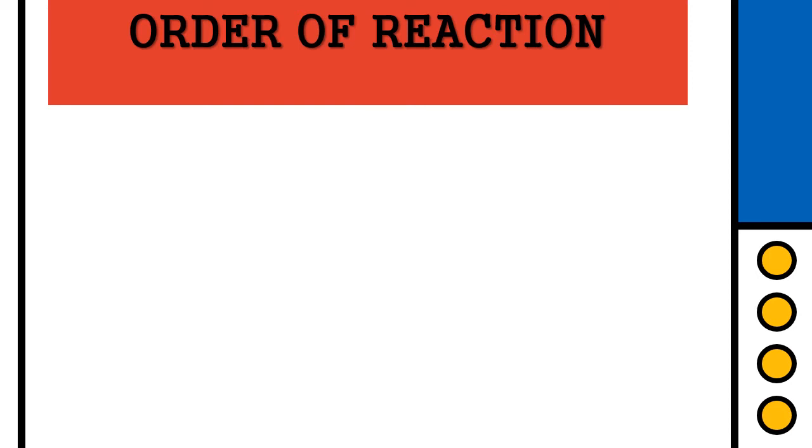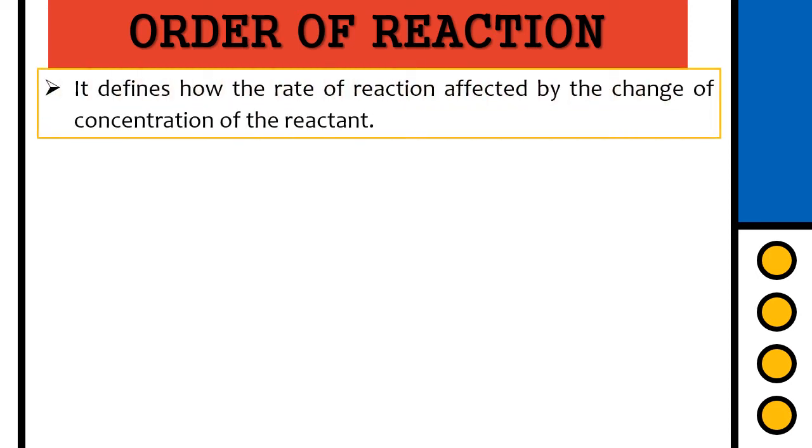So just now I mentioned this. The order of reaction defines how the rate of reaction is affected by the change of concentration of reactant. So what does this statement mean? Let's take a look back at our rate law. Rate equals K concentration of NO to the power of 2 times concentration of H2.